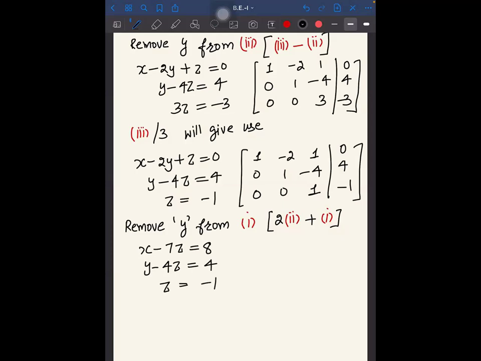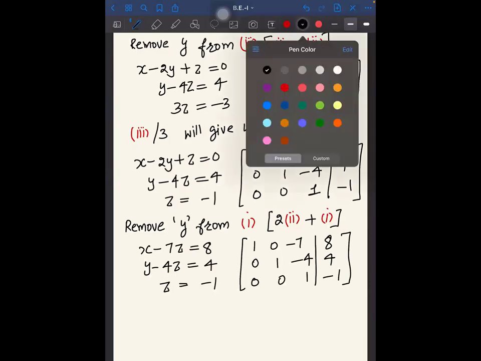Right? So of course we'll have the updated matrix over here, and that is 1, 0, minus 7, 8, 0, 1, minus 4, 4, and then 0, 0, 1, and minus 1. So this is your updated matrix. Now at the last step, we'll remove z from the first and the second equation.